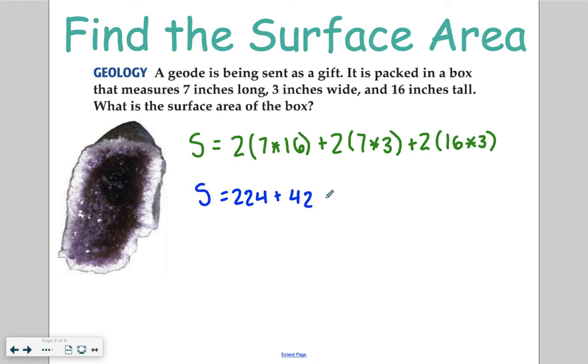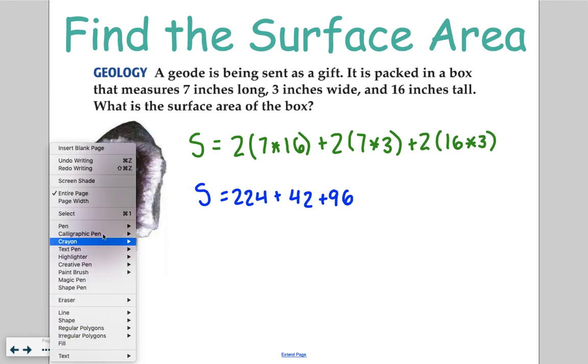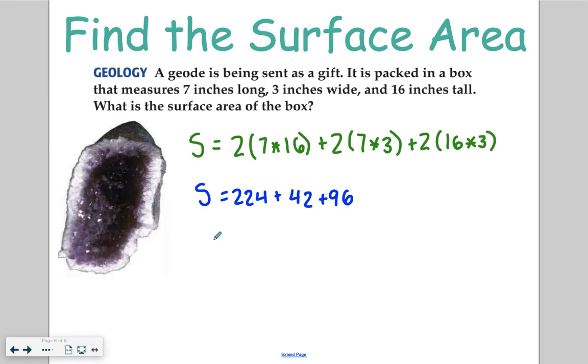And then we've got plus 2 times 16 times 3, which is going to be 96. And then when we add all of those up, we are going to get a grand total of our surface area, which is going to be 362 inches squared. Again, making sure we have that squared.